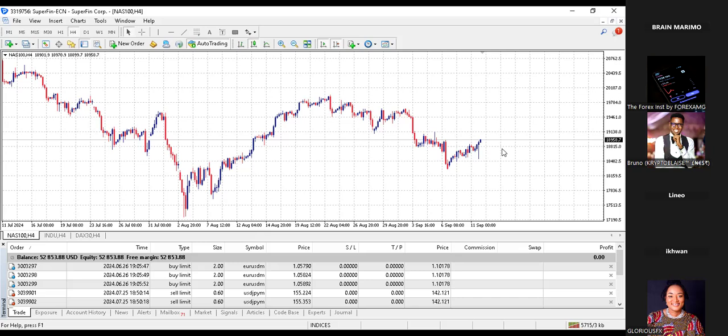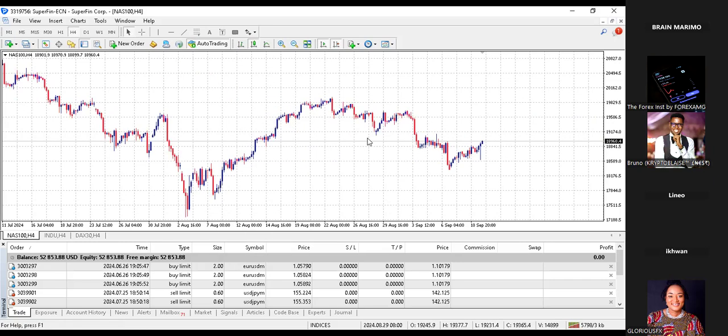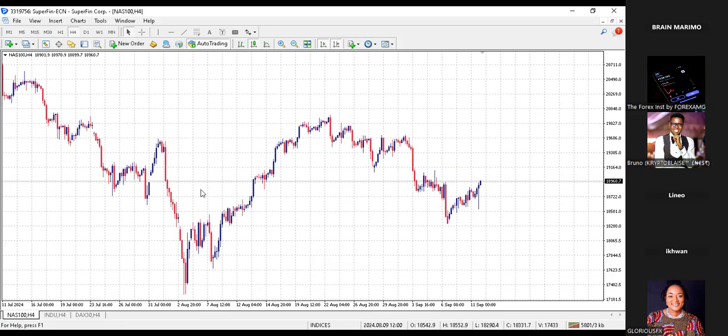Yeah, thank you. What's the difference between profiles, setting profiles and templates? Okay. So your template is the graphical user interface, what it looks like, the actual chart itself.